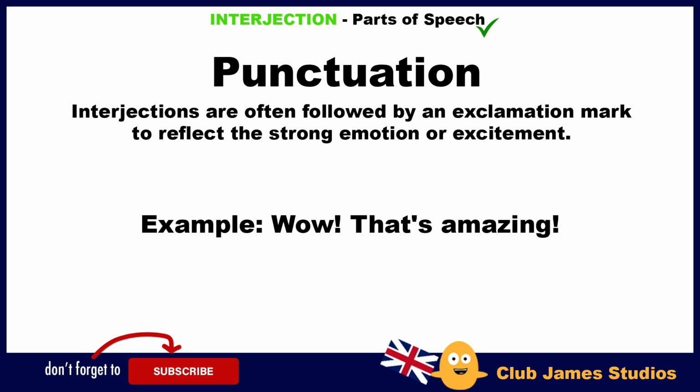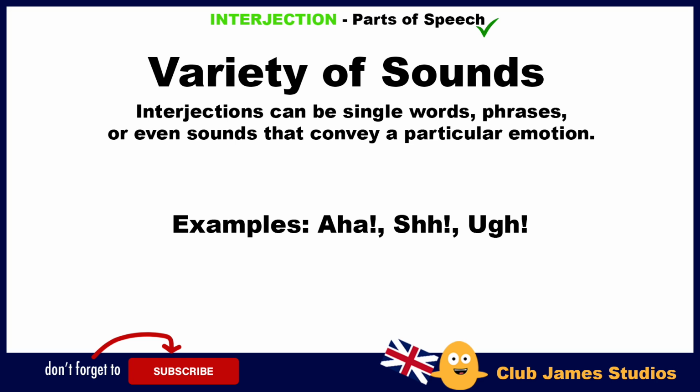Punctuation. Interjections are often followed by an exclamation mark to reflect the strong emotion or excitement. Example: wow, that's amazing! Variety of sounds. Interjections can be single words, phrases, or even sounds that convey a particular emotion.